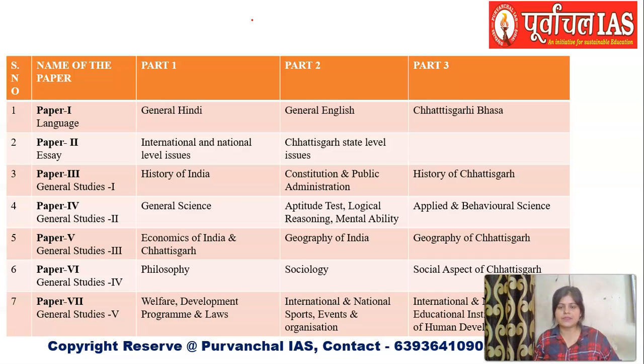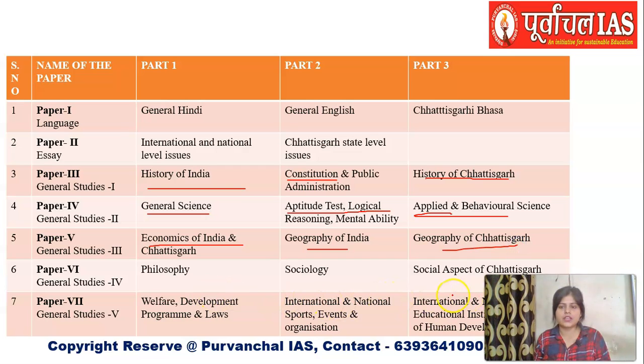Please start the preparation simultaneously. Why? Because see here: history of India, constitution, history of Chhattisgarh, general science, aptitude test, logical reasoning, applied and behavioral sciences, economics of India and Chhattisgarh both, geography of India, geography of Chhattisgarh, social aspect of Chhattisgarh, this part and also this part.